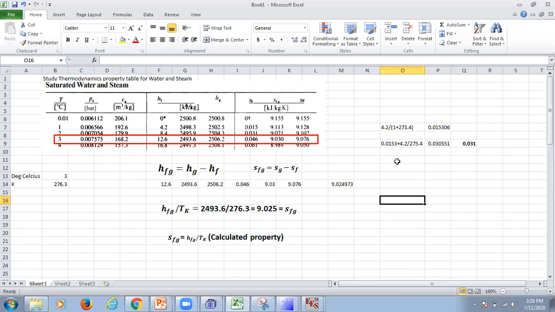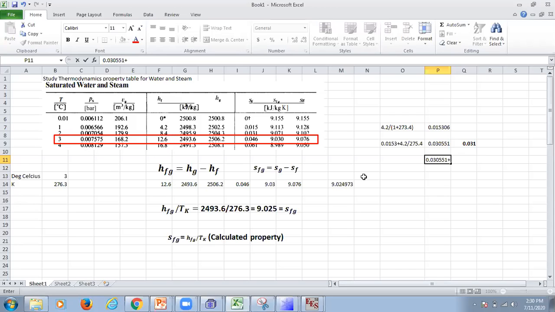SF at 3 is SF at 2, which we calculated as 0.030551, plus the energy required to raise the temperature from 2 to 3 on the liquid side, 8.4 to 12.6, which is again 4.2.